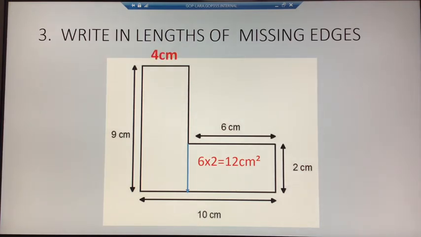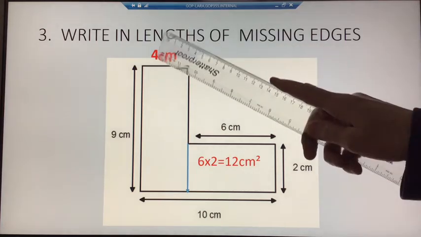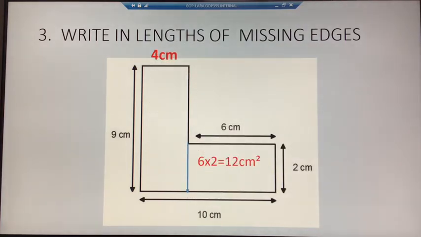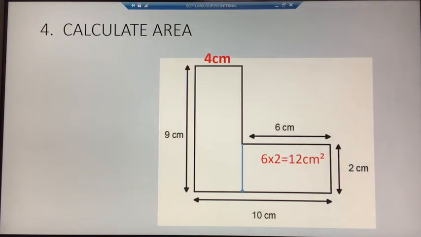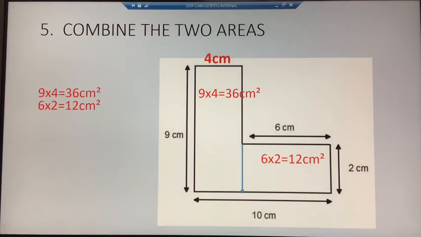So you need to write that in, so that you can now see you've got the width and the length of that rectangle, which will enable you to calculate the area. So in this case, we've got 9 times 4, which is 36 centimetres squared. Now what you need to do is to combine the area of this rectangle with the area of this rectangle.